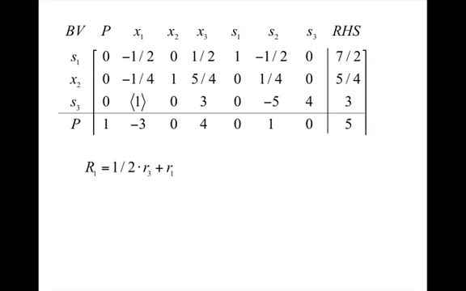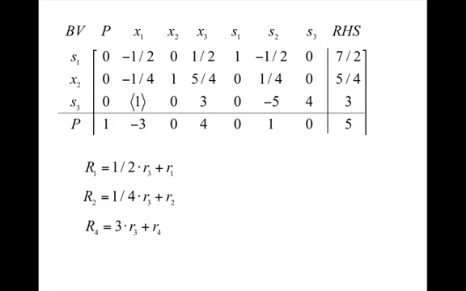For the -1/2, I change its sign to 1/2. I multiply by row 3 because that contains my 1, that's my pivot element. And I add that to row 1 because that's the row I want to change. To change the -1/4, I multiply row 3 by 1/4 and add row 2. To change the -3, I multiply row 3 by +3 and add that to row 4.